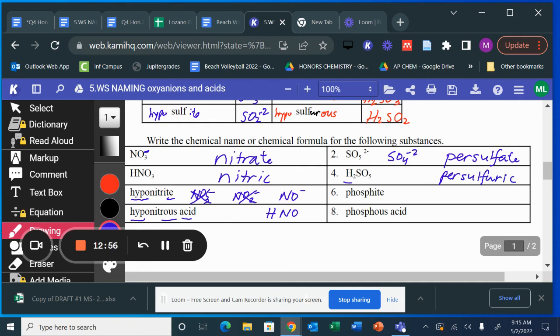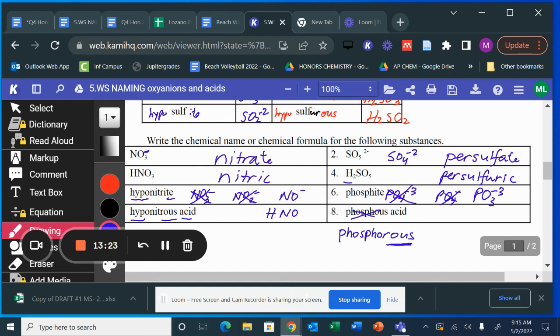Here again, phosphite. Phosphite stems from phosphate, which is what you memorized. Remove an oxygen, it's now PO3 minus 3. Again, the charge does not change. So that's phosphite. Actually, this should be written phosphorous acid.